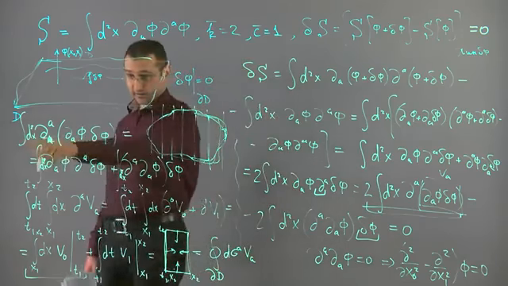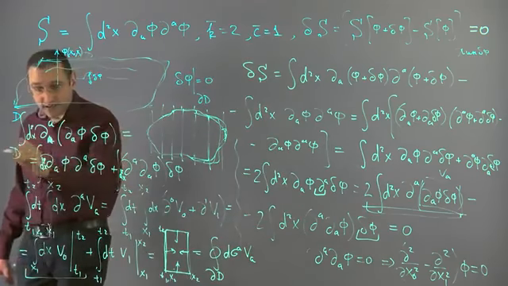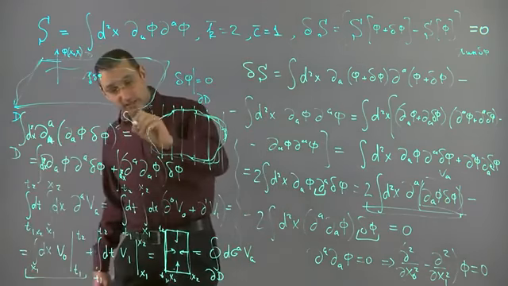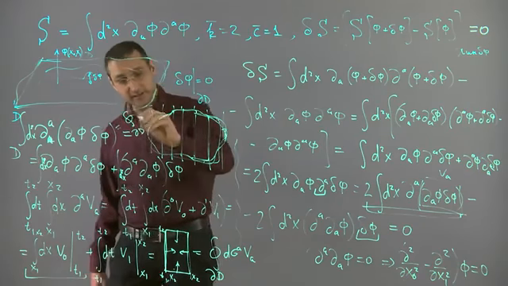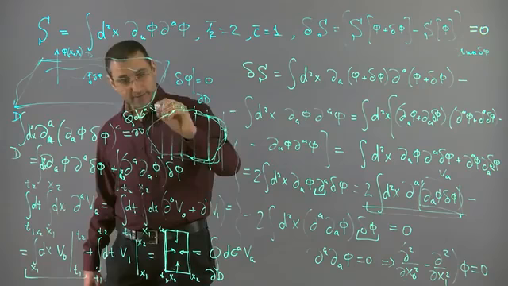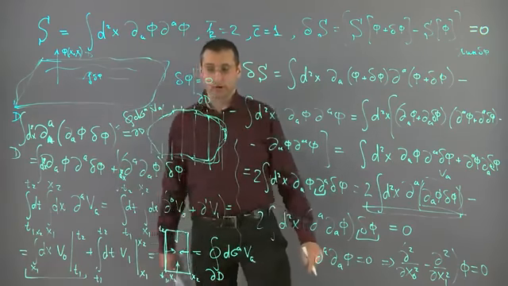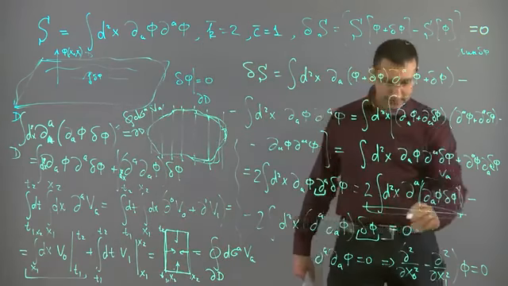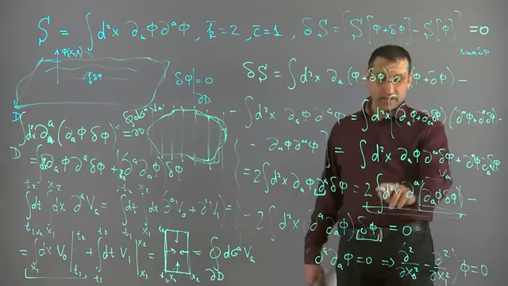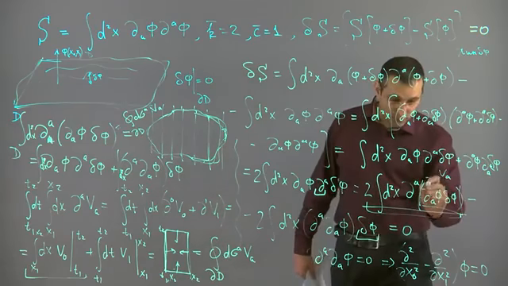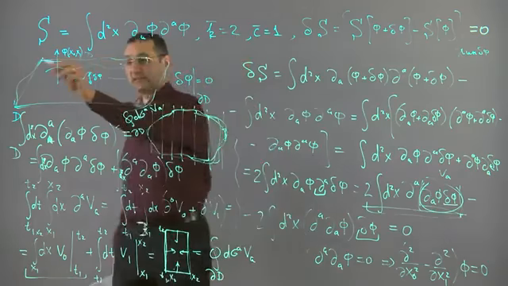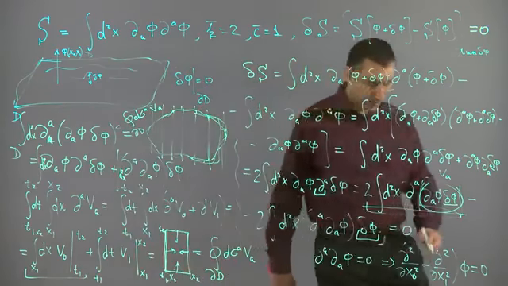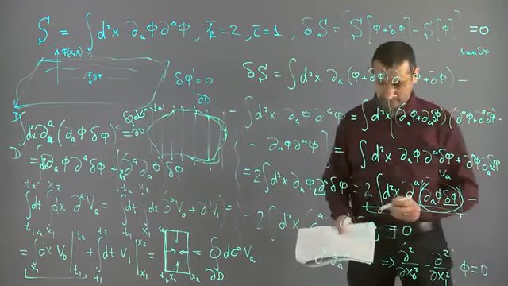So this, for arbitrarily shaped D, is nothing but the integral over its boundary of d sigma A VA. So this guy here is just the integral over the boundary of this guy. But delta phi on the boundary is 0. As a result, this term is 0.